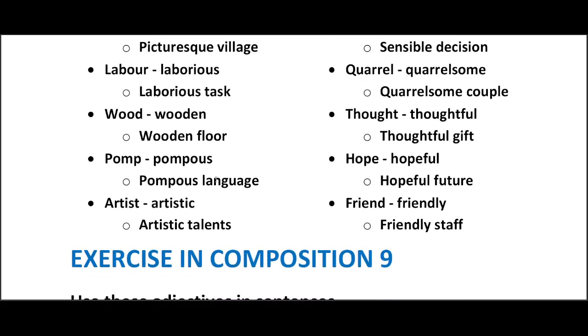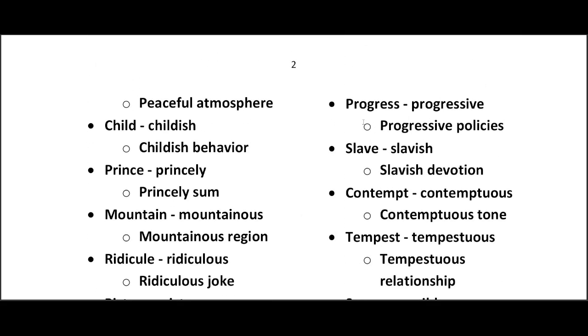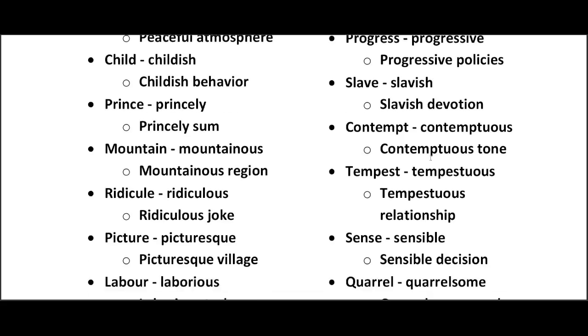pomp, pompous, pompous language, artistic. Artist is a noun. From this noun we have formed adjective artistic, and now artistic talents. Progress, progressive, progressive policies. Slave is a noun, and slavish is an adjective that we have formed from it.